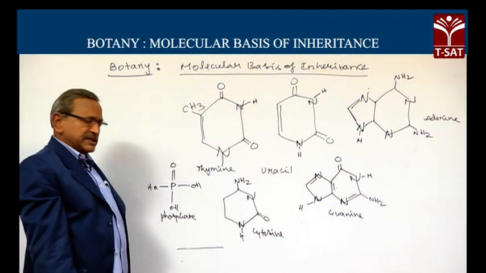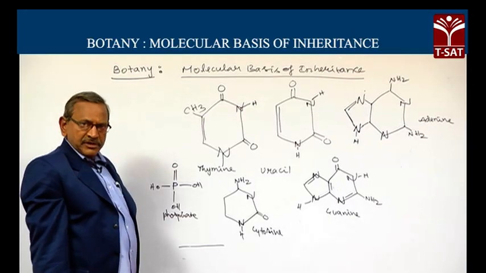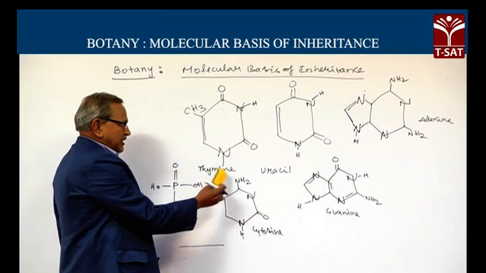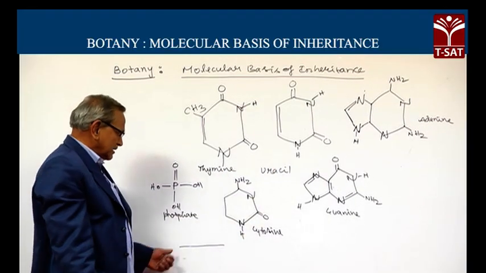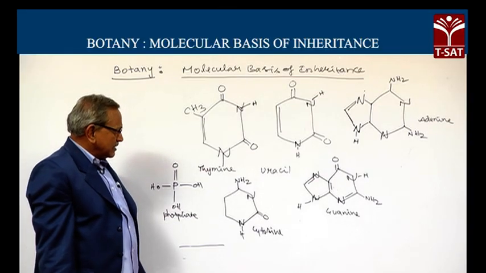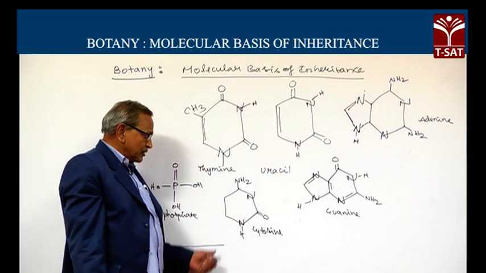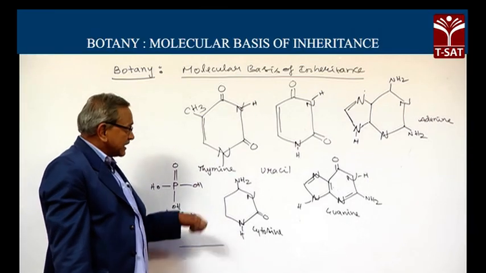Now let us consider the nitrogenous bases. There are 3 pyrimidines. One is thymine, the other is uracil, and the third one is cytosine. These are monocyclic and heterocyclic because they have both carbon and nitrogen in their rings.